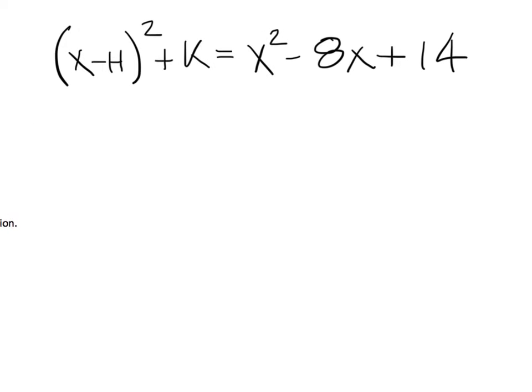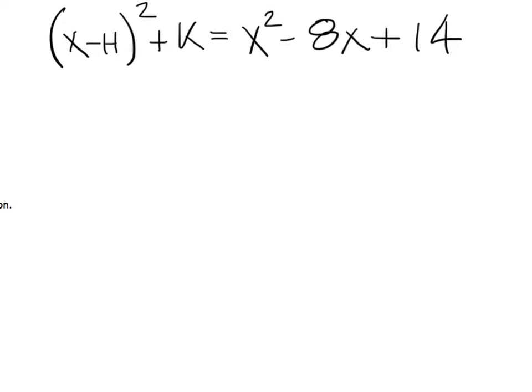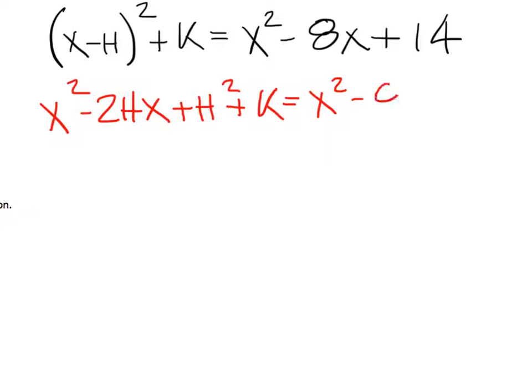On the left-hand side, we have to expand that out and come up with the following. x squared minus 2hx plus h squared plus k equals x squared minus 8x plus 14.